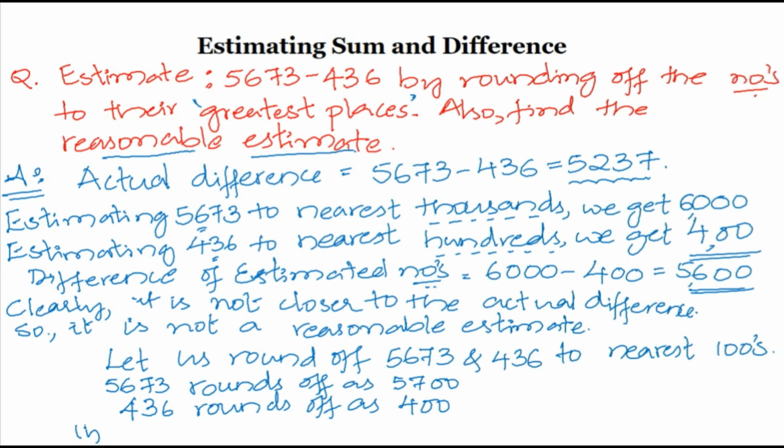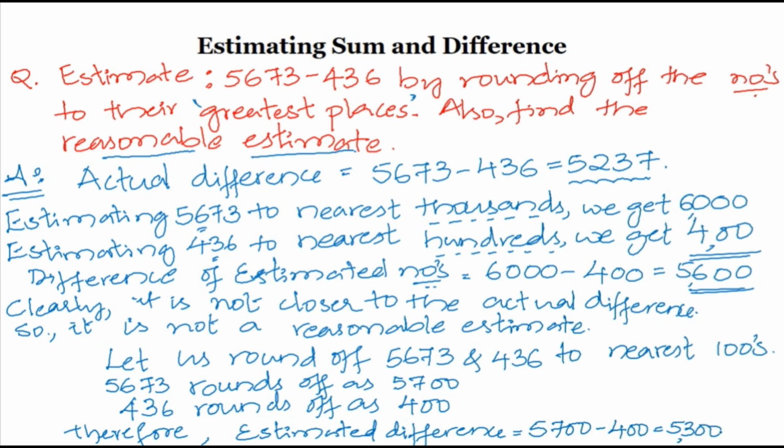Therefore, estimated difference will be 5700 minus 400. This will be 5300.